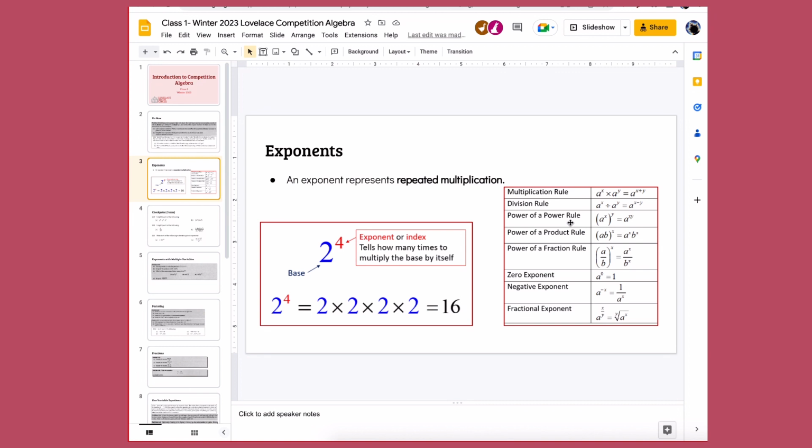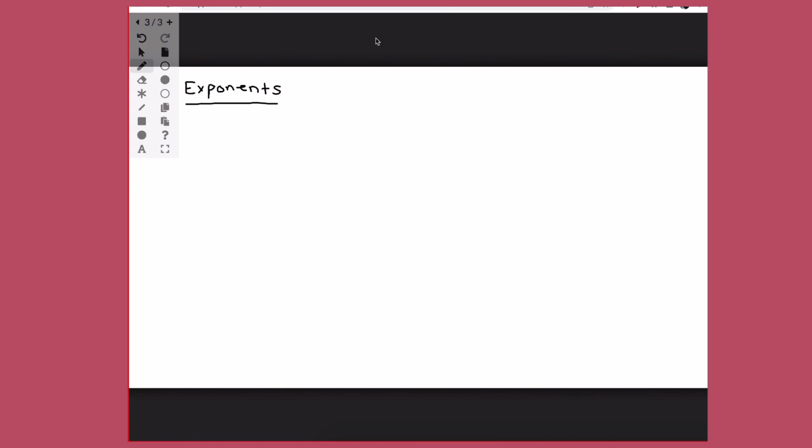On the right, you have some rules about exponents. I don't think I have time to go over all of these individually, but I think they should have been covered in pre-algebra. I don't remember though.